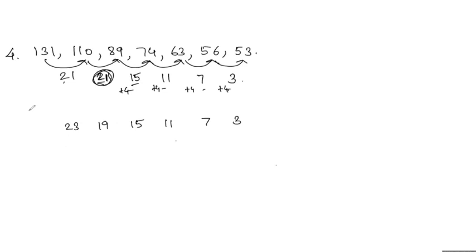Now we will write down the correct pattern on the back side, because we are checking the pattern from the back side, right? Yes, ma'am. So we will also write the pattern from the back side. First number 53 as it is. Then we should add. What is 53 plus 3? 56. 56 plus 7?